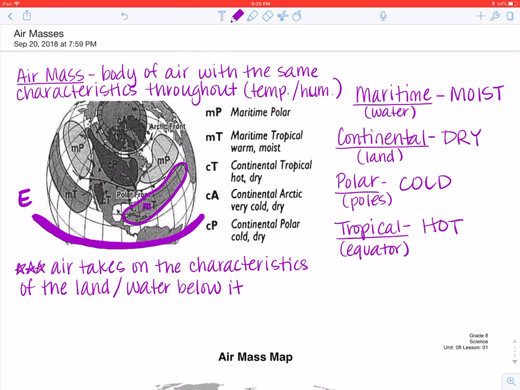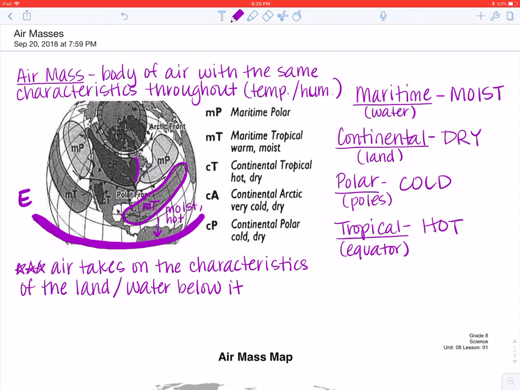So the maritime, the M, it means this air mass is over water, so it's going to be moist. The T stands for tropical. That means it's going to be close to the equator, so it's going to be hot. So a maritime tropical air mass would be moist and hot.